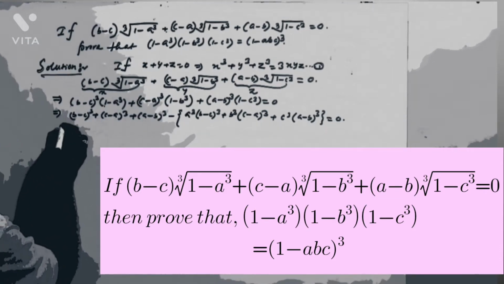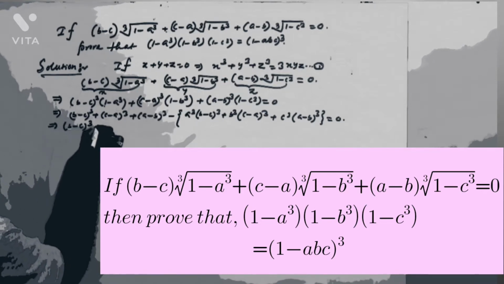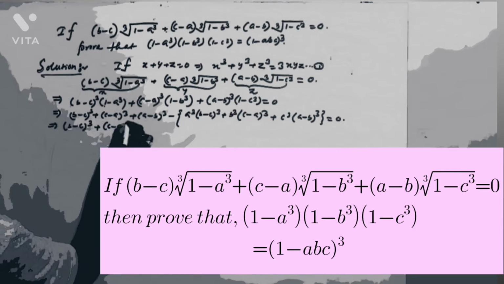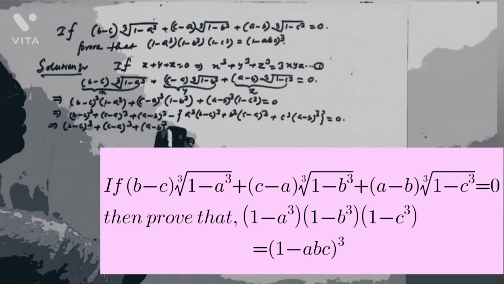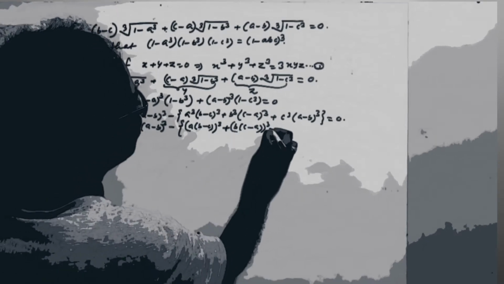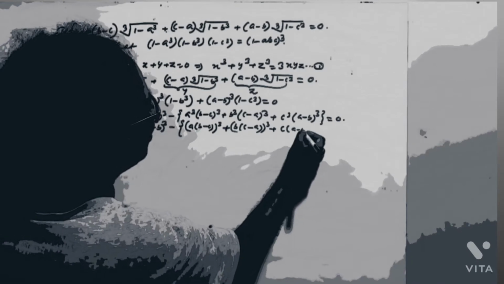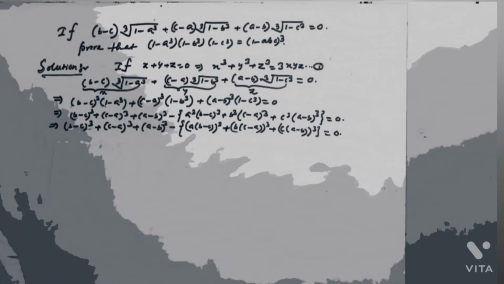Again rewrite here: a into (b minus c) whole cube, b into (c minus a) whole cube, c into (a minus b), and this whole cube equals 0.